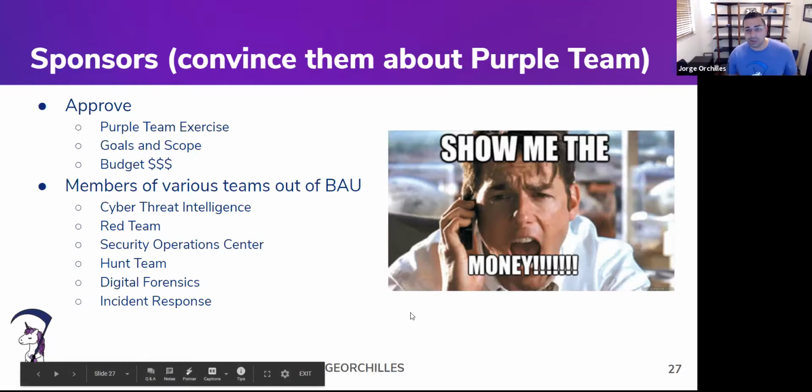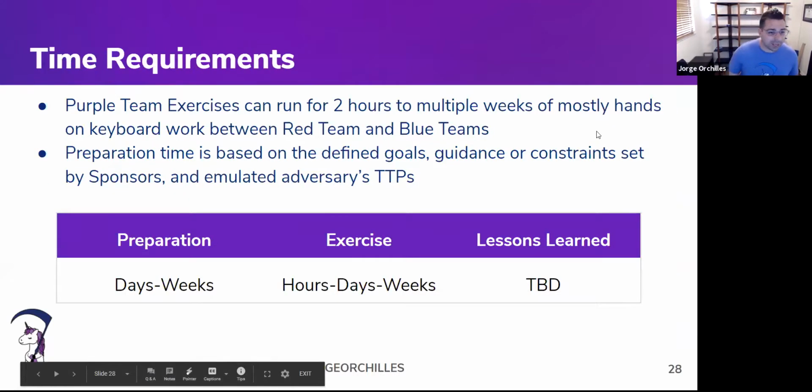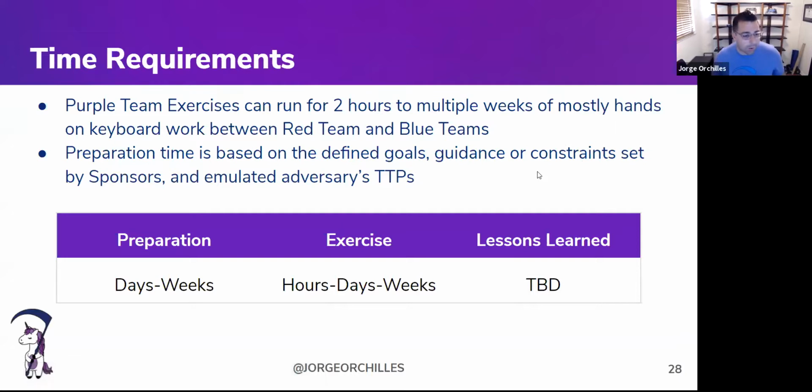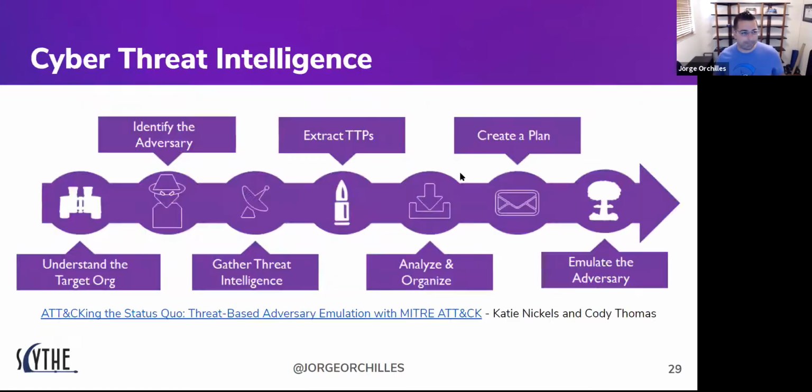And like I said, you can start with just a 2-hour exercise. You can have 2-hour or week-long, day-long exercises, but really you need everyone together. Preparation takes the most because when everyone is together, you're taking them out of their day-to-day. You want to be as efficient as possible during that time.